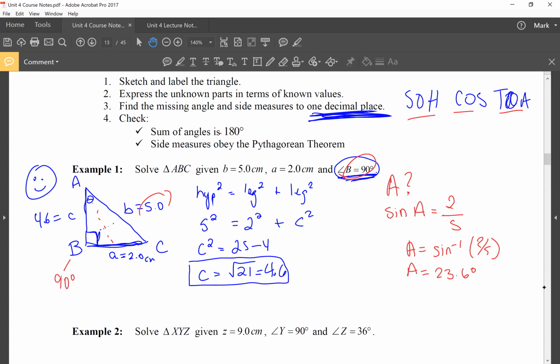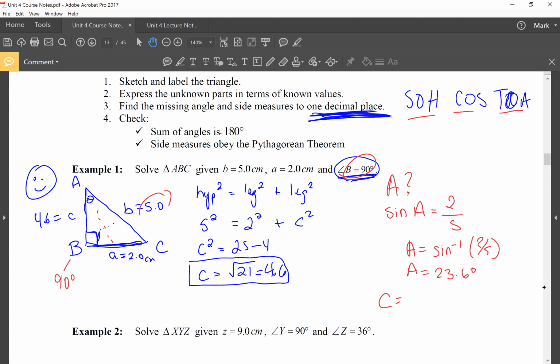It says right here, not B. I'm talking about C. What if I want to find C? 90 plus 23.6, 180 minus the plus. Yeah. Okay. So I haven't even explained that yet, but that's good. What was just said is a really, really smart way to find C.